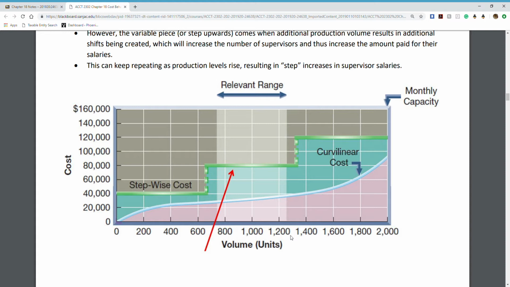Here, we're taking the example of managers. Managers with salary. Well, if production goes up, we are going to need to hire more managers. And as soon as we hire a bunch more managers, our fixed costs would actually go up, and stay, again, fixed for a while until we have to hire new ones.